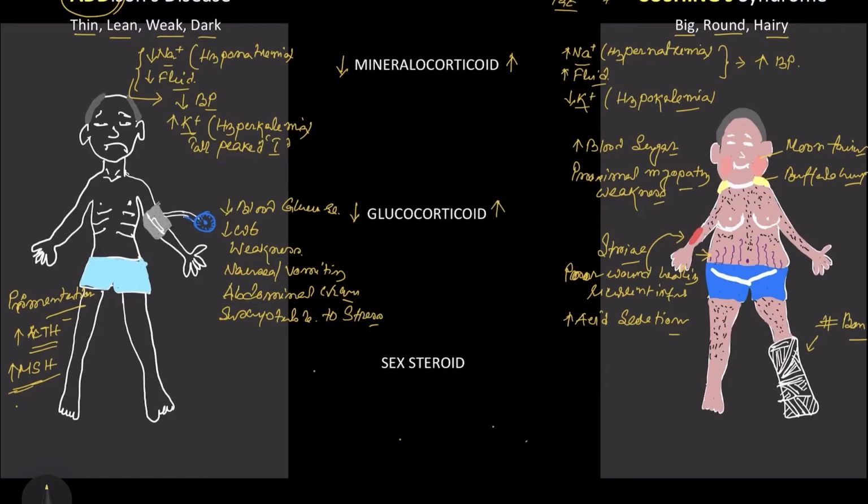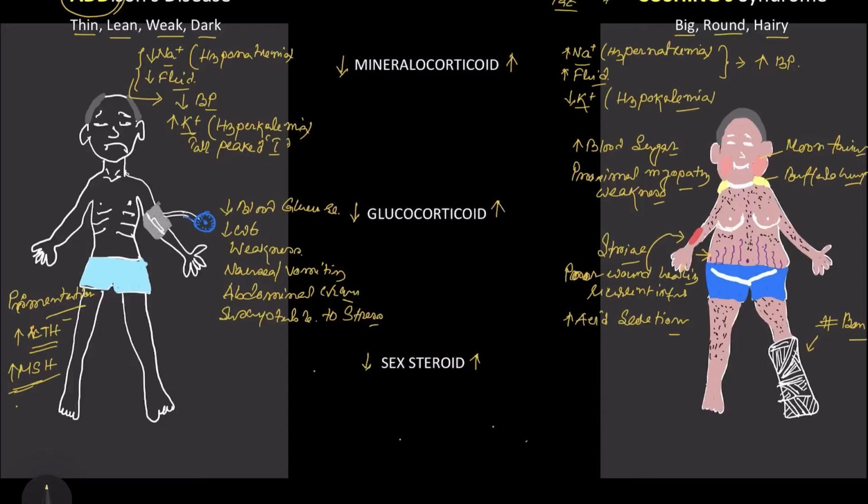Now, coming to the features that develop due to the abnormality of sex steroid or adrenal sex steroid secretion. In Addison's disease, the adrenal sex steroid will be decreased, whereas in Cushing syndrome, it will be increased.